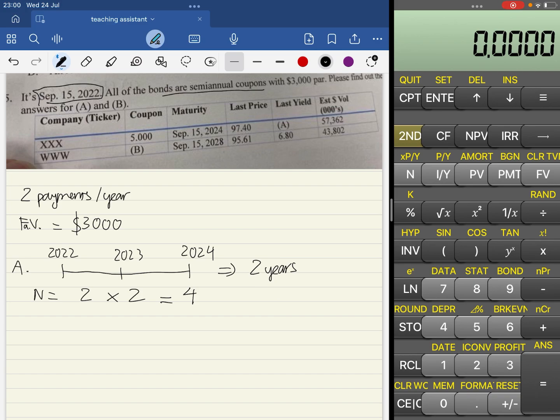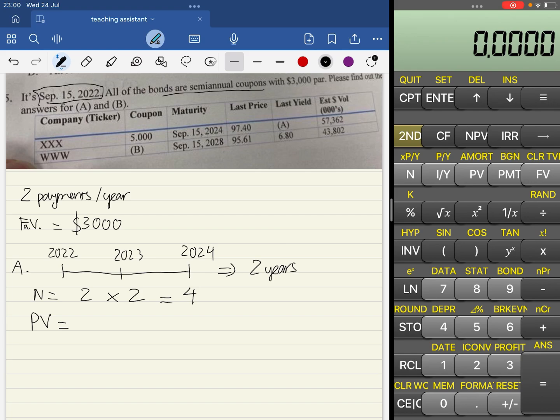How about present value? The last price was 97.40. That's going to be the present value. But will we put 97.40? No, we won't, because in practice, 97.40 is not just a normal number.